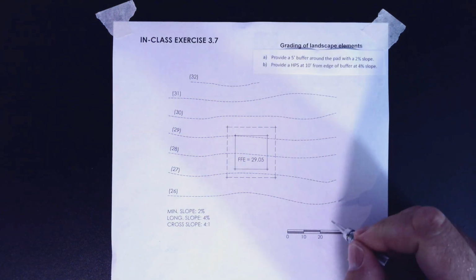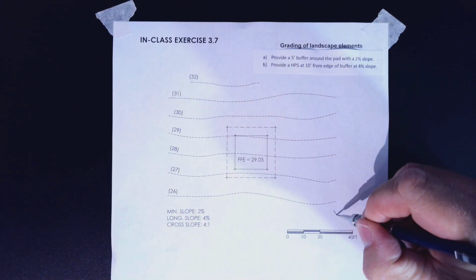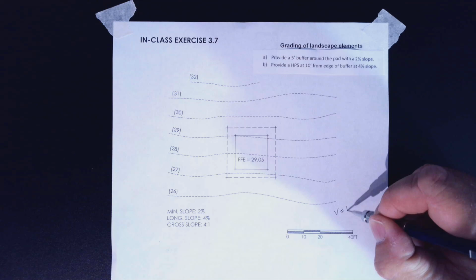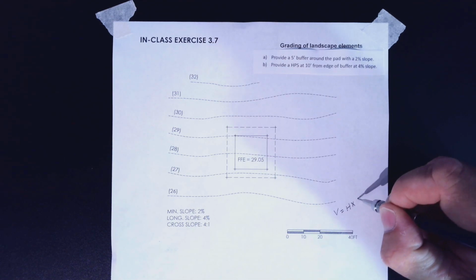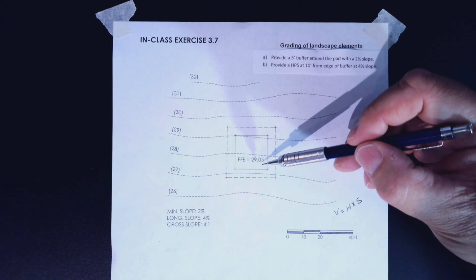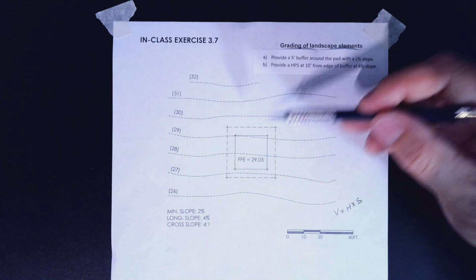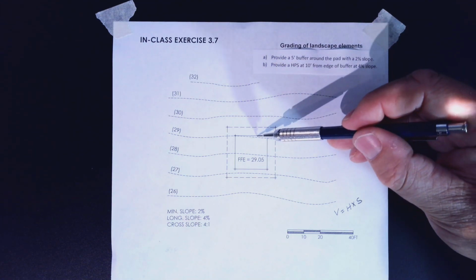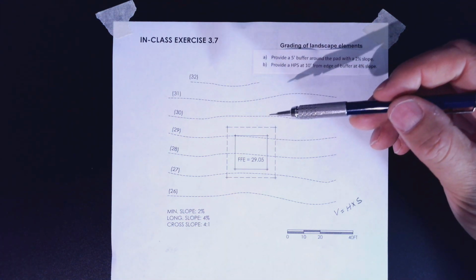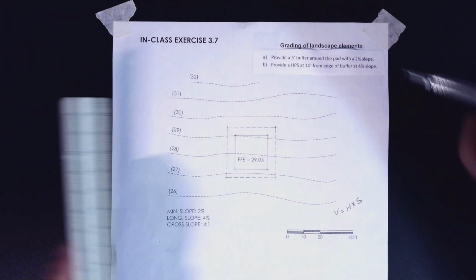And vertical equals horizontal times slope. The vertical, unknown. The horizontal, 5 feet, which they said provide a 5-foot buffer. So from there to there, if you scale that off at 20 scale, it's 5 feet.